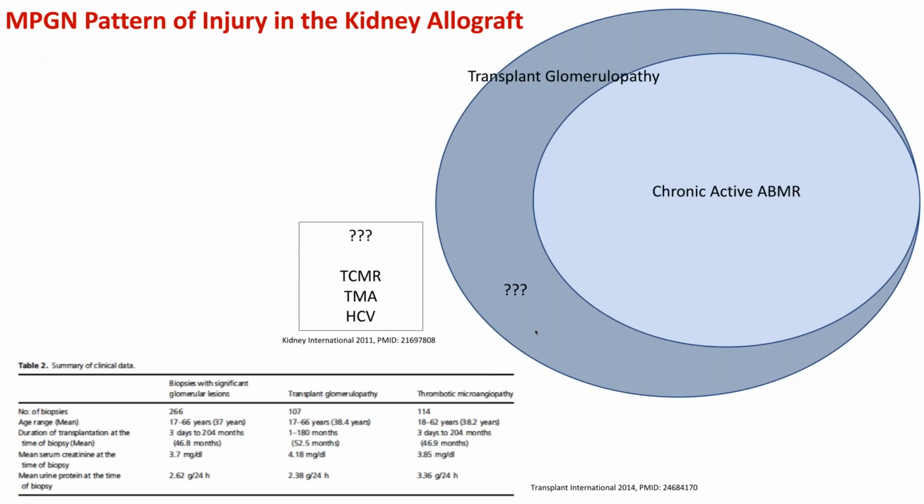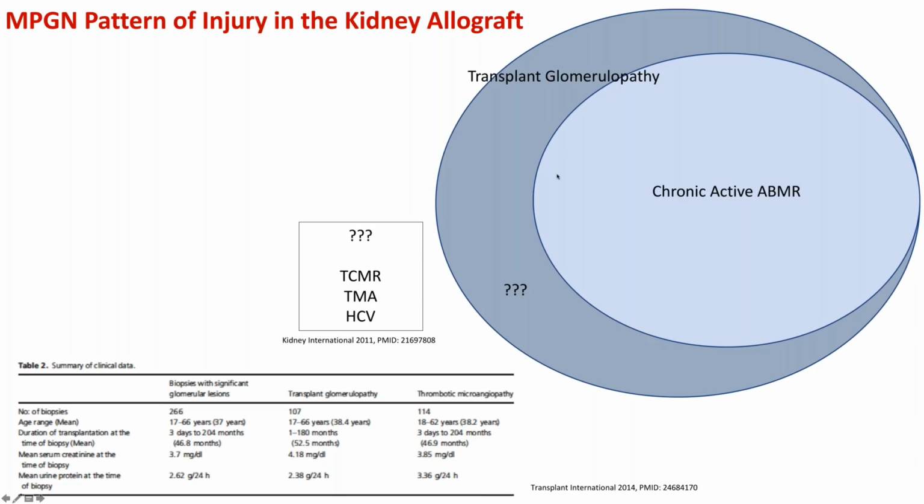Now, the same MPGN pattern of injury in a kidney allograft goes by the term transplant glomerulopathy. Transplant glomerulopathy can be due to several causes. The most important is chronic active antibody mediated rejection, so I'll call this ABMR.